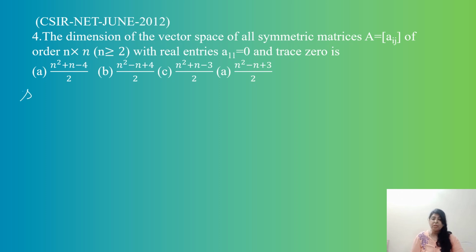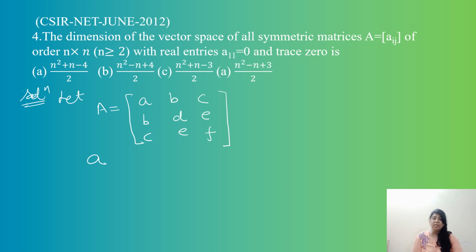We will choose one symmetric matrix of order 3: A, B, C, B, D, E, and this means A is equal to 0 and sum of the traces is equal to 0. So F is minus D.